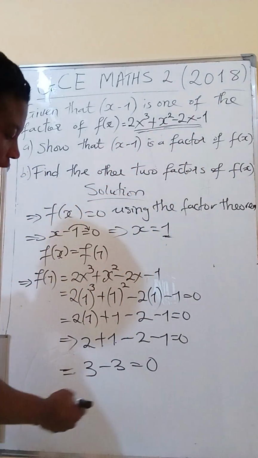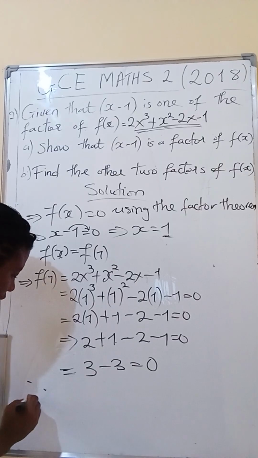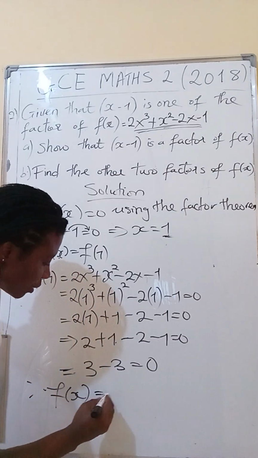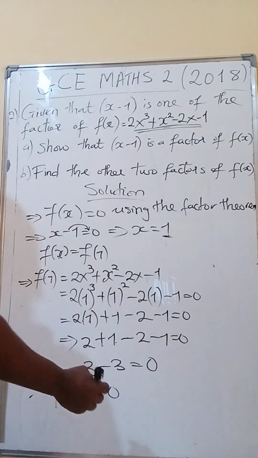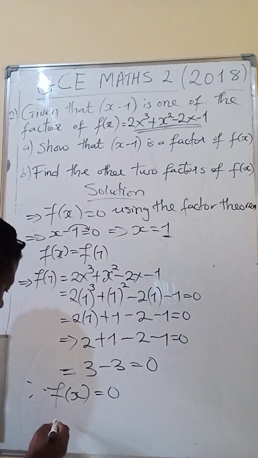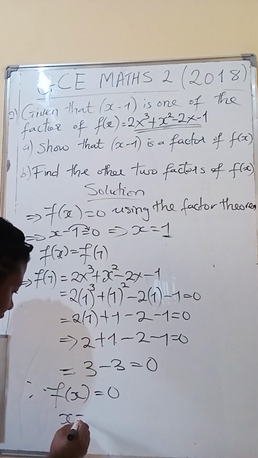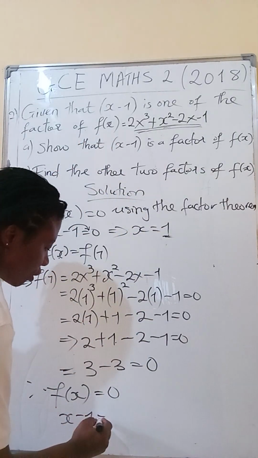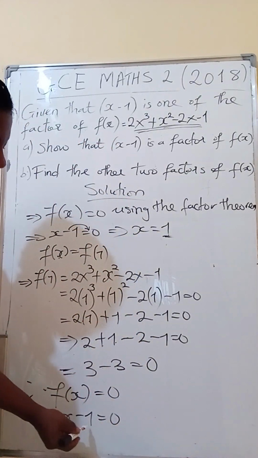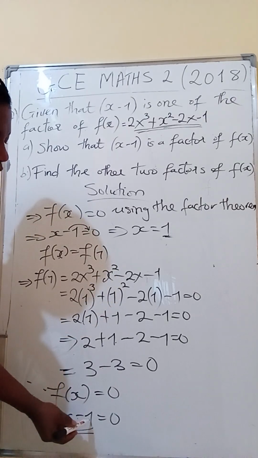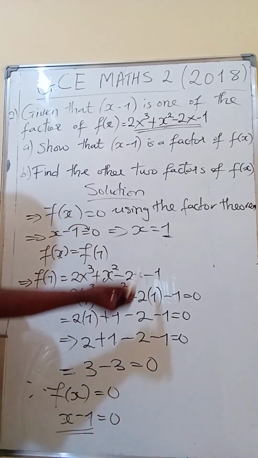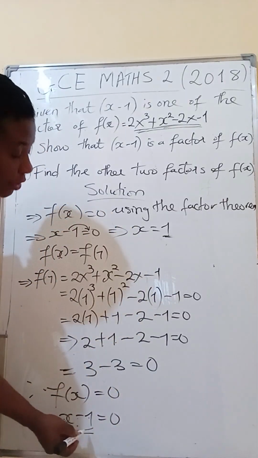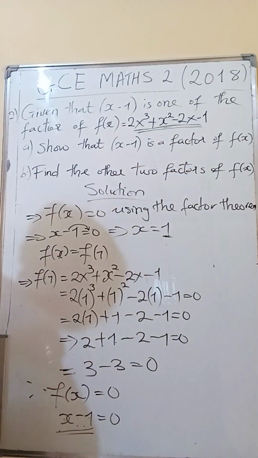So therefore f of x is equal to 0, being that x minus 1, which is equal to 0, is a factor. This x minus 1 is a factor of this equation.